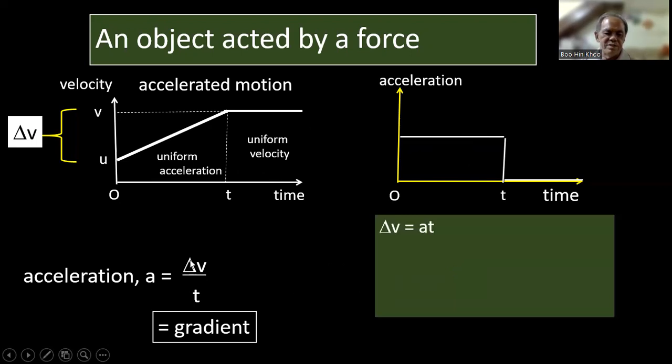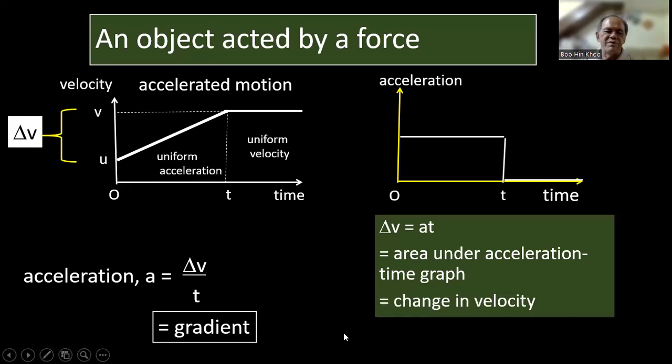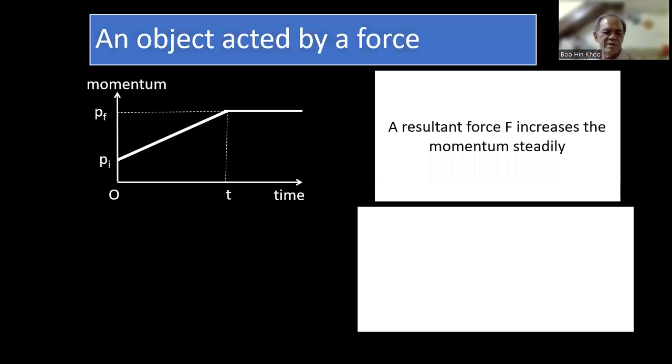Or we can take this one, the a-t graph, then it tells us that the area under the acceleration time graph is equal to the change in velocity. Right? The examiner can test you anyway. They want to know whether you know how to apply your knowledge.